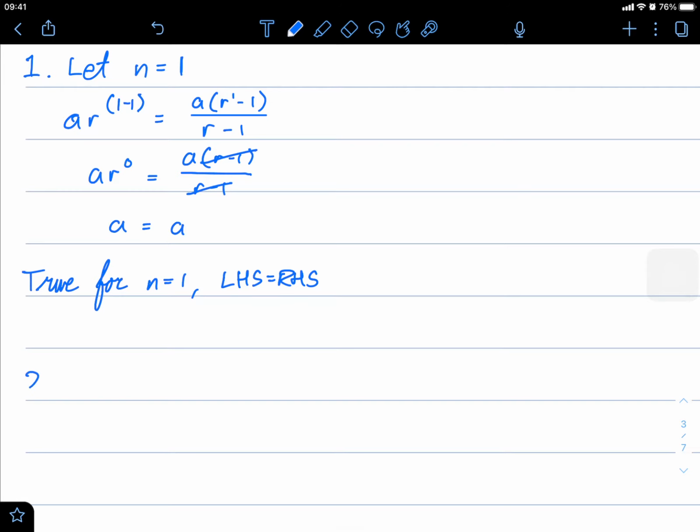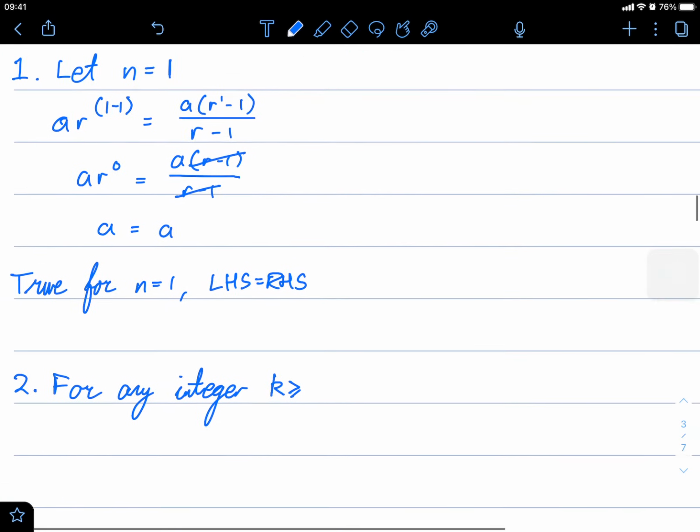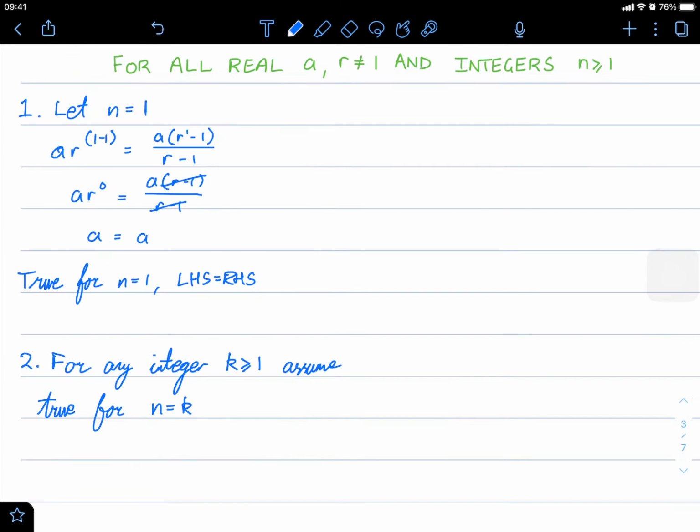So step 2, for any integer k greater than or equal to 1, we assume this to be true. Assume true for n equals k.